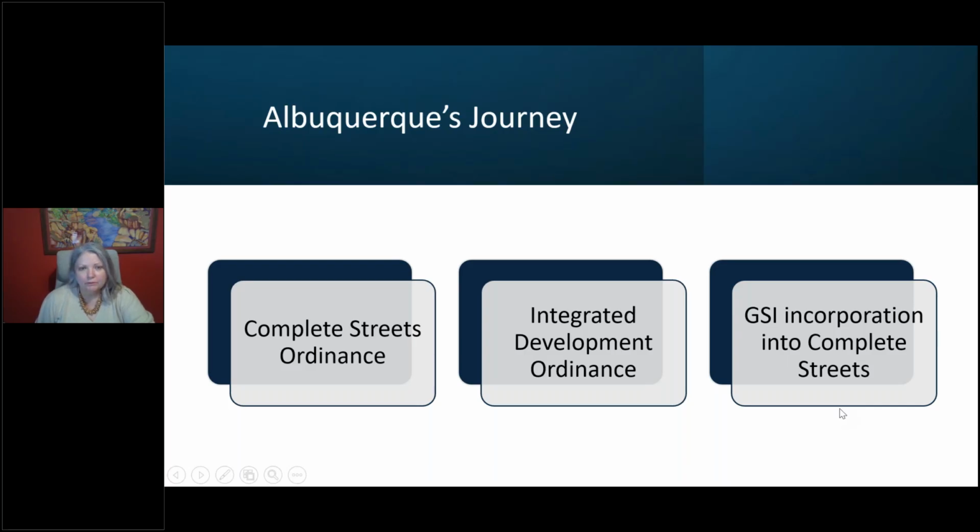And then a few years later, the City Council did an integrated development ordinance. Now, this is where we talk about how all of our zoning comes together. And in that, we started putting additional requirements, even for commercial and private spaces, on landscaping and trees and things like that. And so when I took office, we had a little bit of a start there, and we were able to say, look, we already have this complete streets ordinance, but we would like to incorporate green stormwater infrastructure into that ordinance.